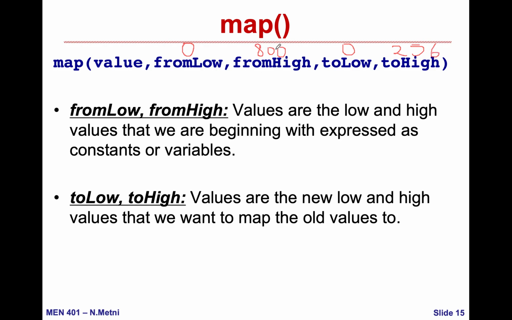I will be losing 800 to 1023, but this loss will not be reflected between 0 and 256, and thus I'll be improving my resolution if I want to use it in another interval. The map is not only used for an A to D converter, it is used for any value that should be mapped from a start interval to a destination interval.